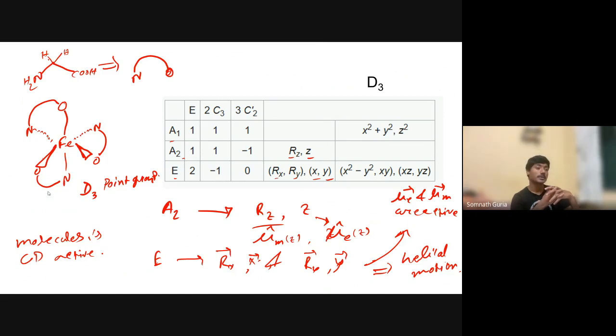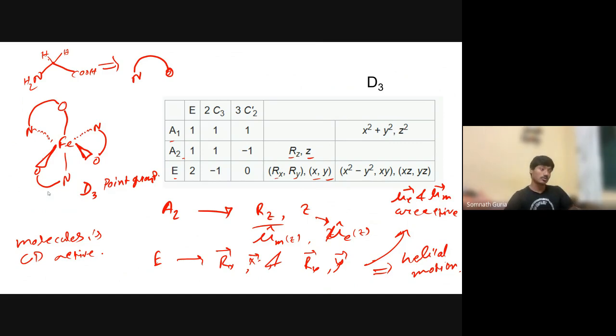Then it becomes where mu E and mu M are active, and that will provide the helical motion of dipole moment with the help of the electric and magnetic dipole moment, and that becomes optically active molecules in CD as well as in circular birefringence, CB.